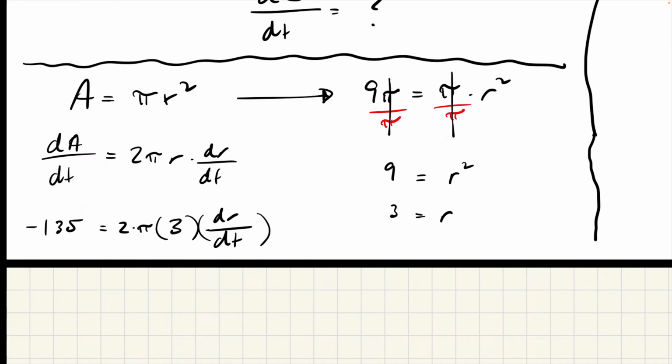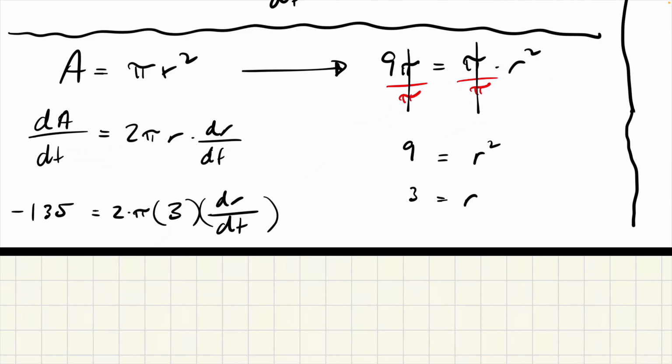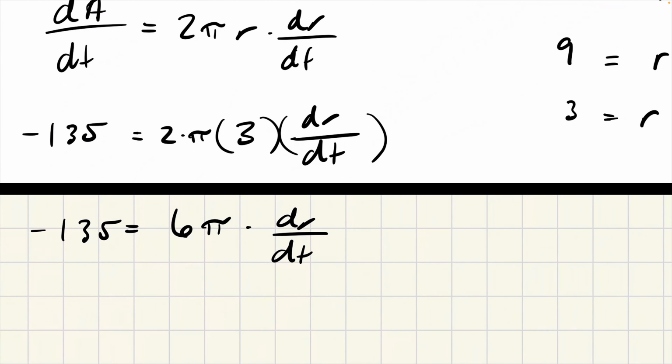Okay. So we get negative 135 equals 6 pi times dr over dt. How do I solve for dr over dt? Divide both sides by 6 pi. Divide by what you don't want.